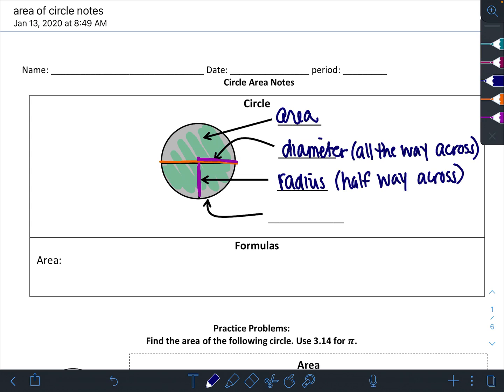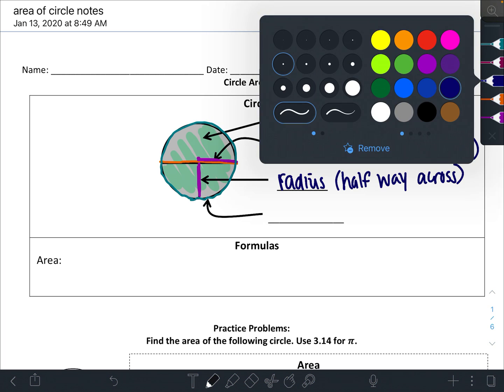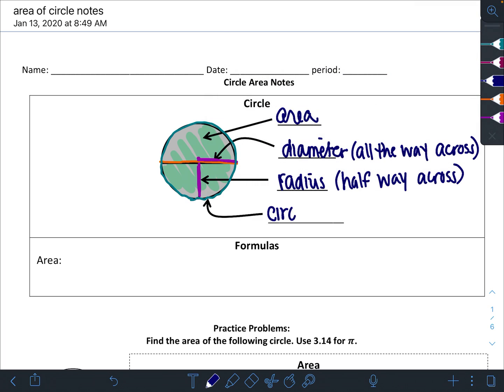Now, the distance around the outside, the distance that goes around the outside here, that is your circumference. It's also pretty much the perimeter of a circle.